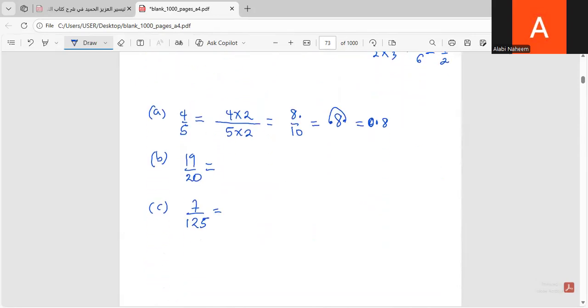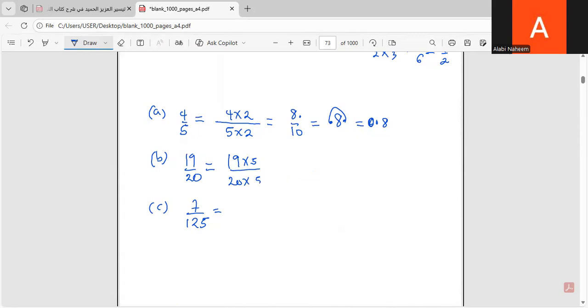Then 19 over 20. You can convert 20 easily to a positive power of 10, because 20 times 5 is 100, right? So we have to multiply the numerator by that 5 also. So we have 19 times 5 over 20 times 5.